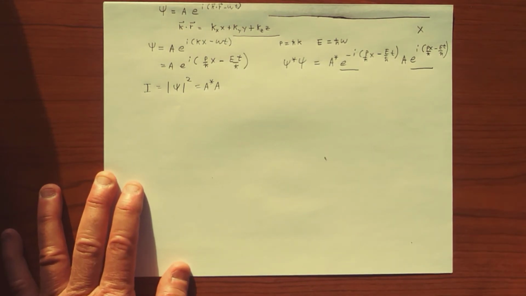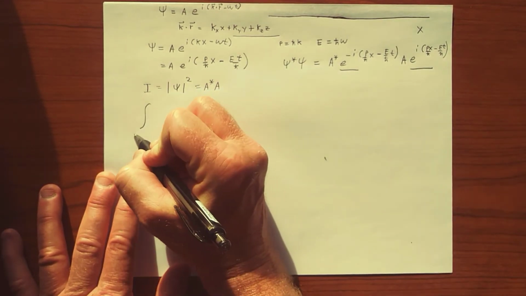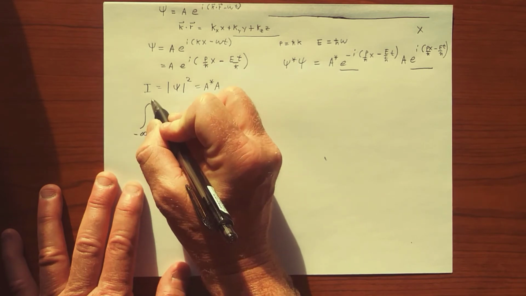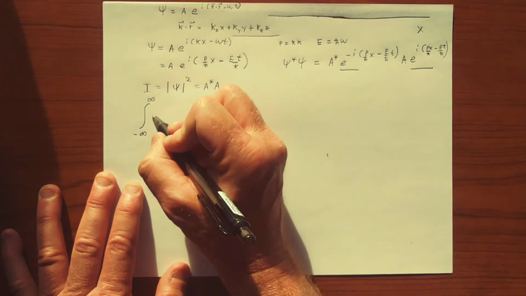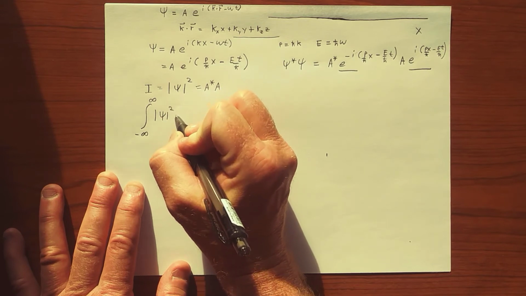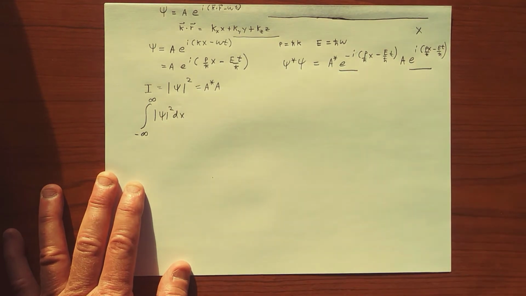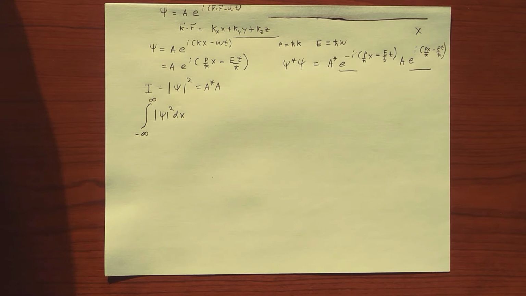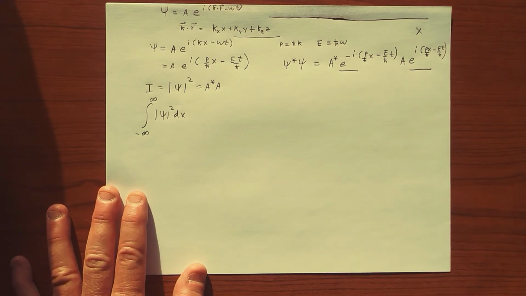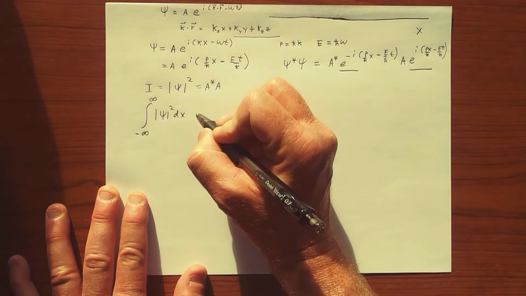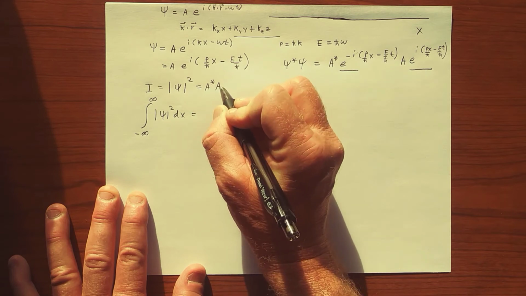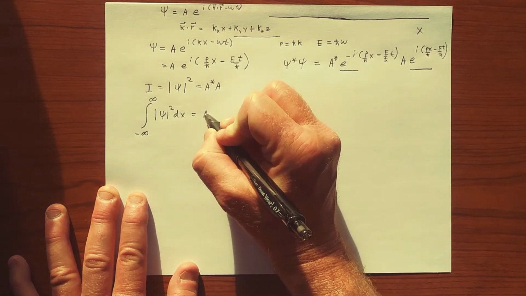And so we have to integrate this quantity, right? If we integrate this quantity over the entire possible space where the object can live, we expect this quantity to give us 1, because it must be 100% that we find it in the universe in which it can live. So let's see if this is possible. So we know that this becomes A star A. That's just some number, so we can pull that out.